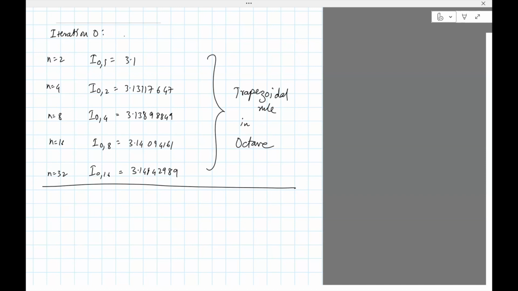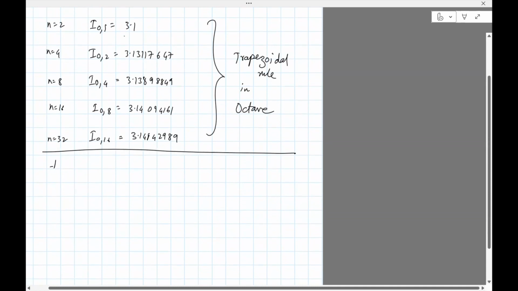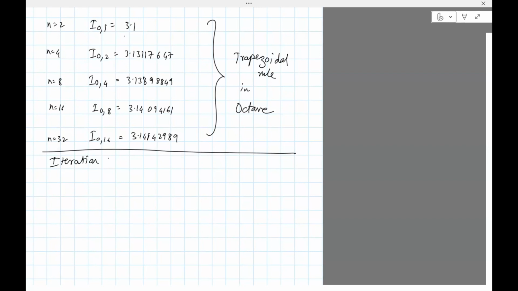Okay, so this is what we've done so far. There's nothing new here in the computations of these 5 values. However, when you go to iteration 1, this is where you'll use the Richardson extrapolation formula.